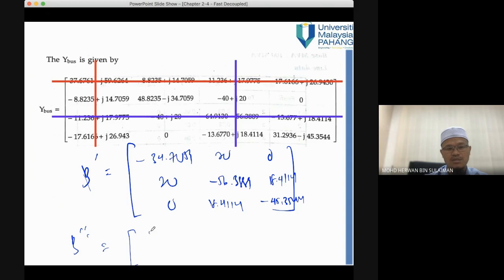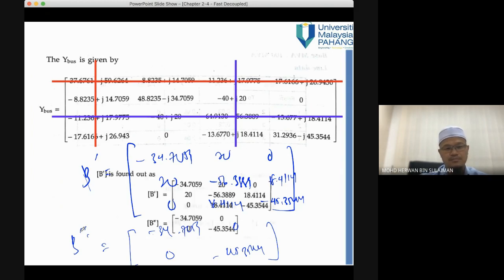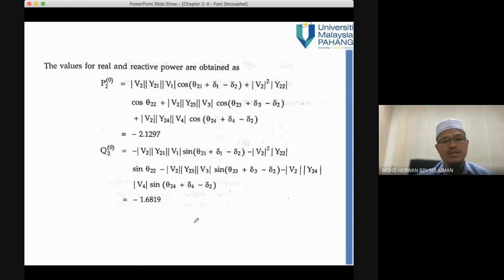So tinggal negatif 34.7059, 0.45, negatif 0.3544. So dapat value ni you inverse kan. Okay, sambungkan jawapan saya dengan dia. So you inverse kan.